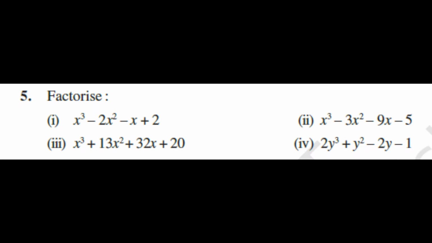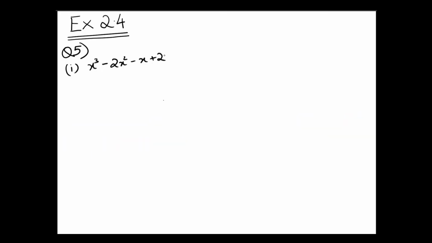Now question number 5 of this exercise is also asking us to factorize the following polynomials. However, in this case we have 4 cubic polynomials. So let's see how we do that with the help of factor theorem. In the first case, we have x cube minus 2x square minus x plus 2.